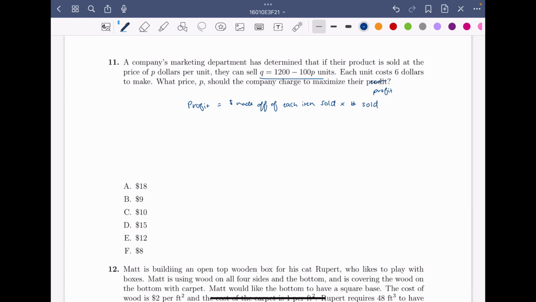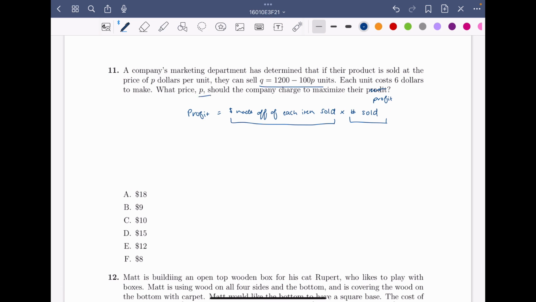So we already have this. The matter is finding this equation. So the money made off of each item sold would be the price minus the cost it is to create that item. So we can say profit equals the price minus 6, again, the money made off of each item sold, times the quantity sold, which is 1,200 minus 100P units.